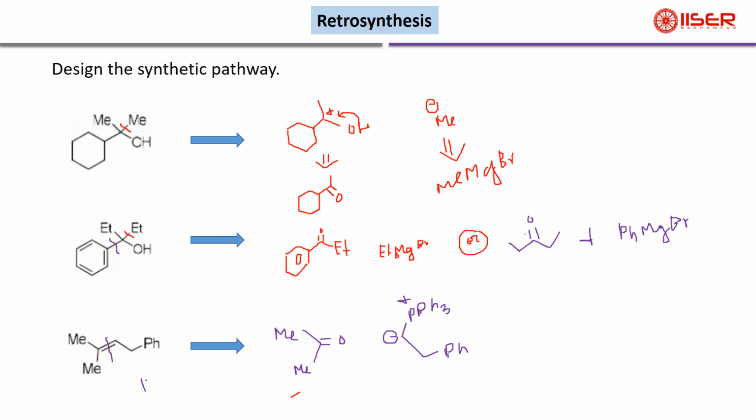We usually do that. If you take the Grignard, then you have to prepare the benzyl magnesium bromide, two carbons apart. Then that magnesium bromide will attack the acetone, and then we will get this one.